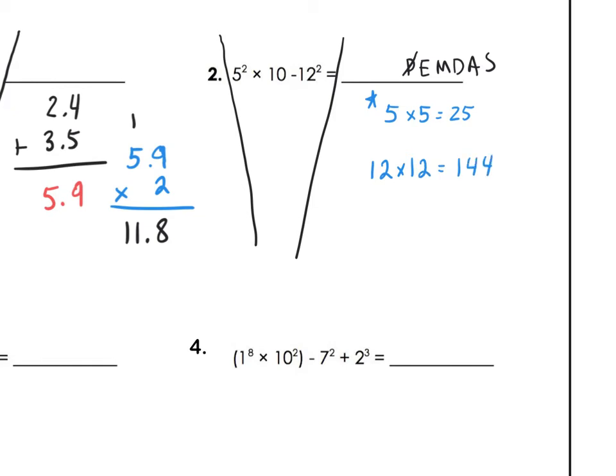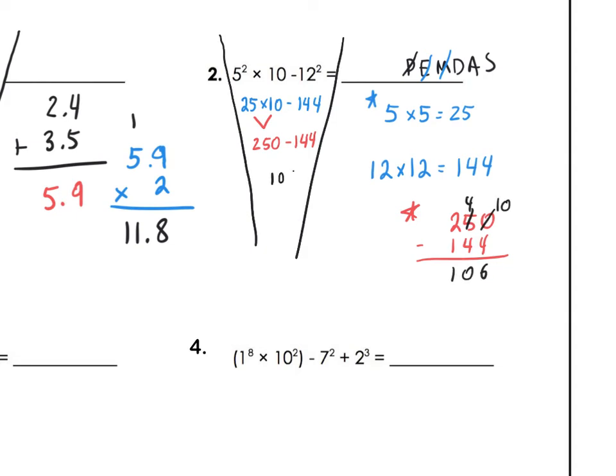So now I'm going to rewrite it. 25 times 10 minus 144. Now I need to do my multiplication. This would give me 250. 250 minus 144. What did you get for your final answer here? You should have subtracted and got 106 for your final answer.